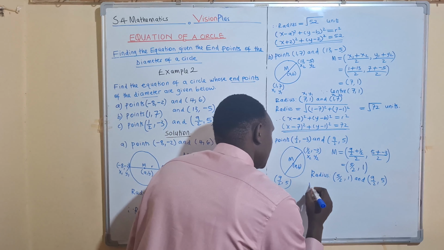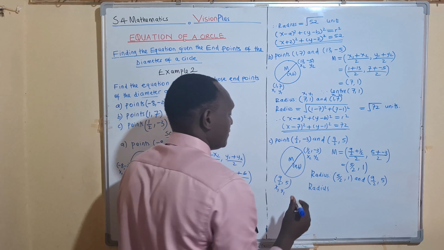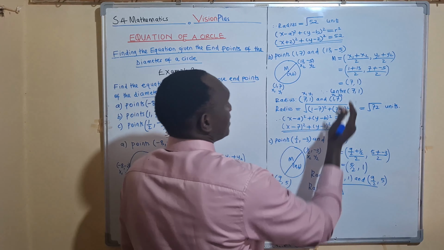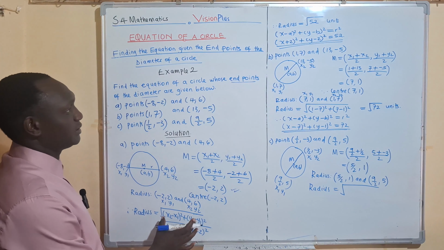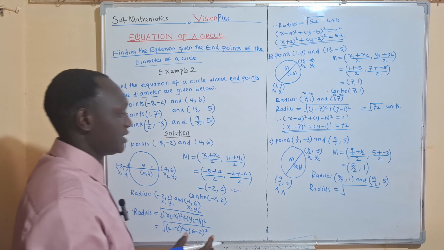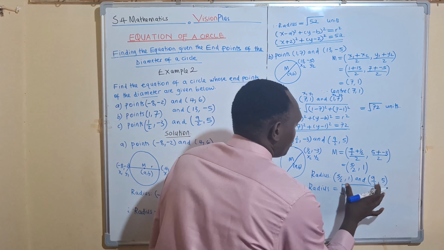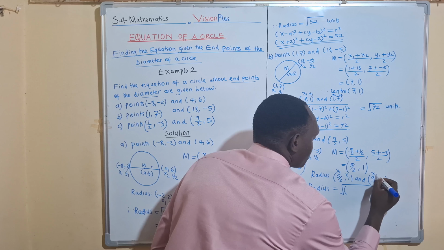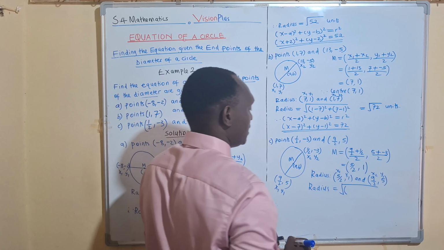From here, you know that the formula for getting the distance between 2 points is the square root of, where is the formula? It is here, which I'm not going to quote again to save our time. So you name these points x1, y1, x2, y2, and then you substitute.